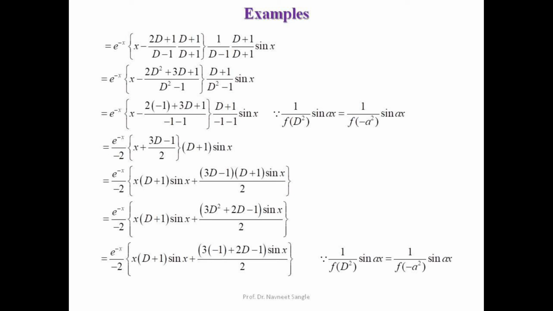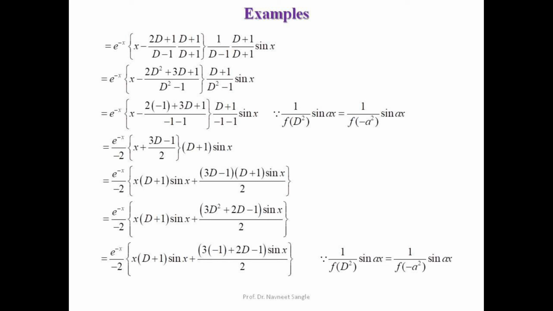So if we try to simplify this term, then we get e raised to minus x upon minus 2, then x (D plus 1) into sine x. We may write the simplification for this term as it is, plus if we take the product of 3D minus 1 and D plus 1, we get 3D square plus 2D minus 1 into sine x.